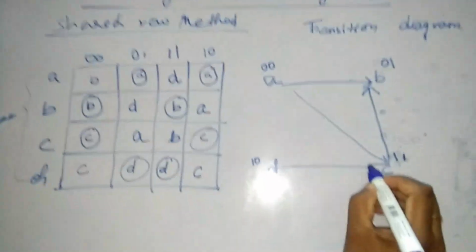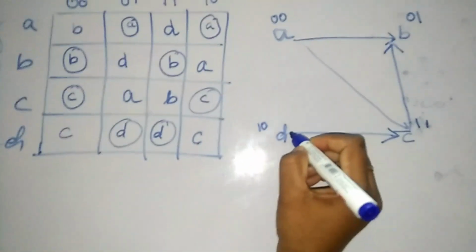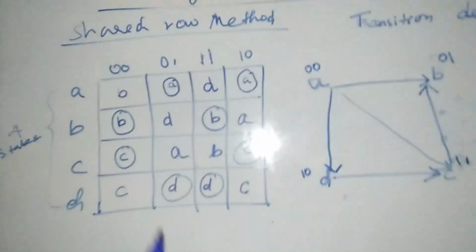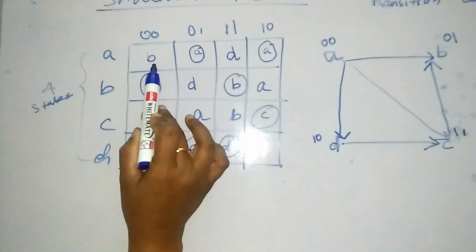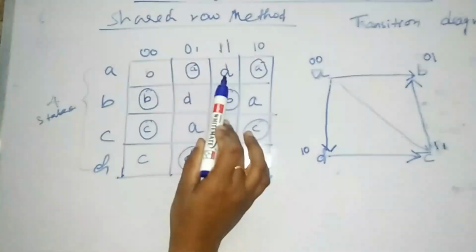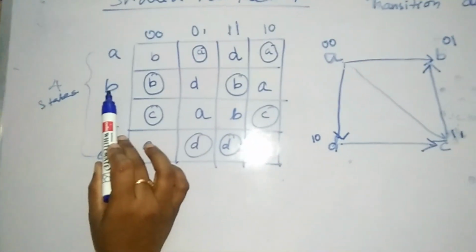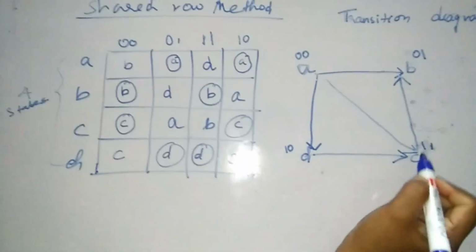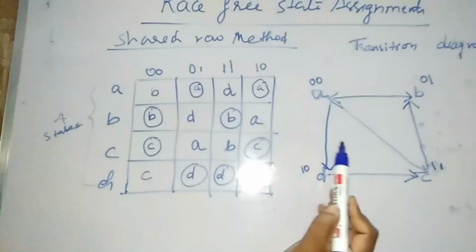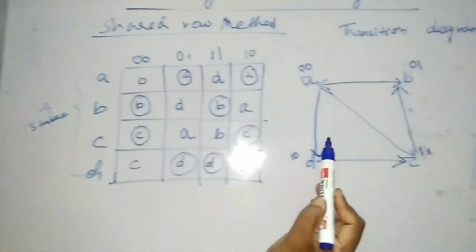I'll just write this and explain to you all. From D to C there is a transition, and again from A to D there is a transition. You can see here A to B there is a transition. I'm going from A to D, and from B to A again there is a transition. You can see this diagram and correlate it with this transition diagram.